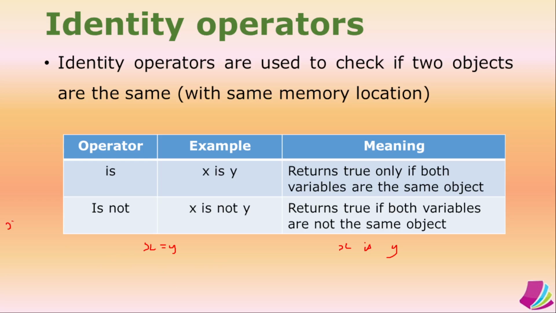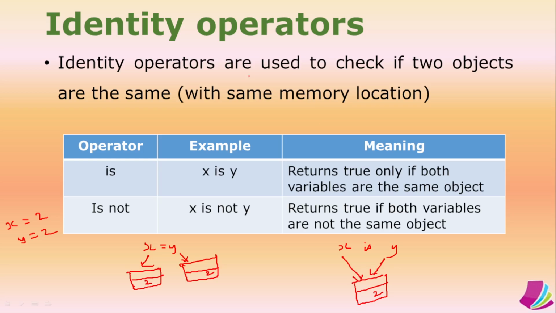Let us say I have given the value x equal to 2 and y is also 2. So in this case, what happens is, x is given taken a particular memory location and the value is given as 2, and y has a different memory location, right, and it has a value 2. But when I check for x is y, this will give me true only if both the variables are assigned to the same memory location with the same value.